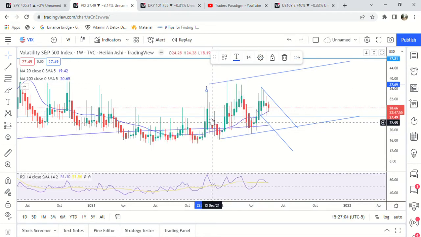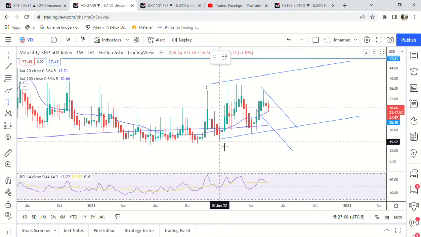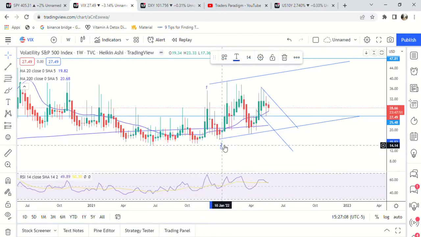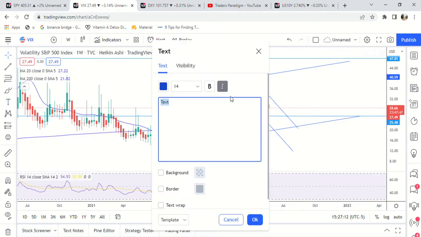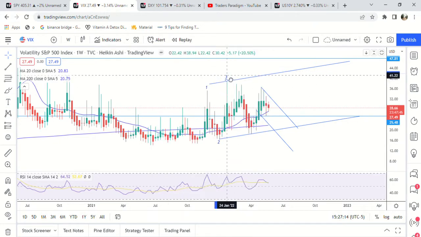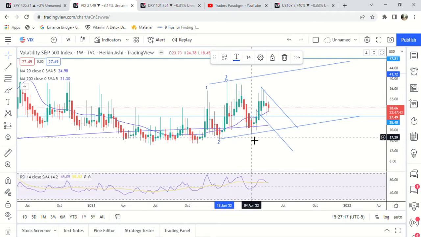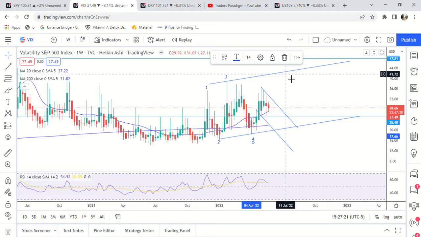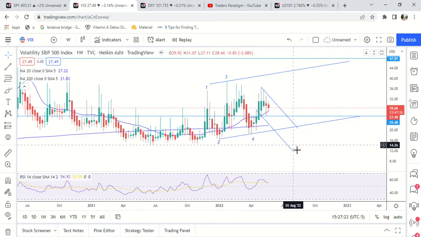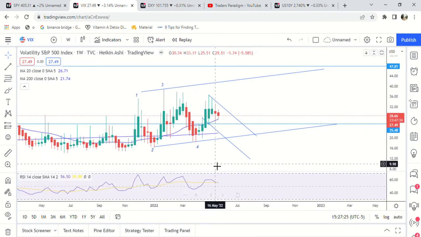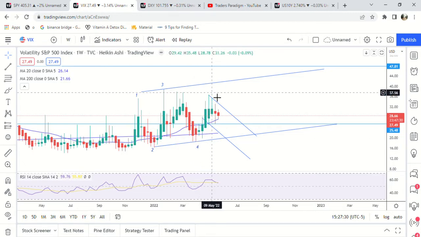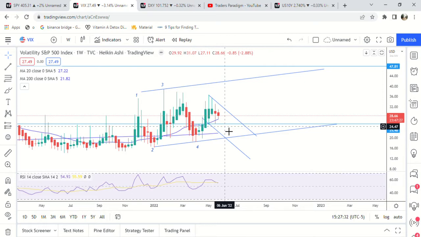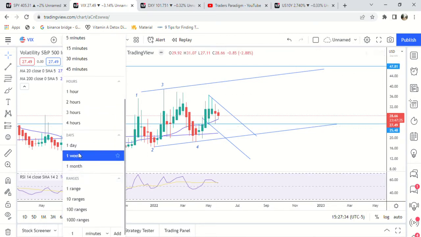Then we have 2, 3, A, B, C, 4, and then we have what appears to be a B. If we go down to the daily chart, let's look at the daily chart now.